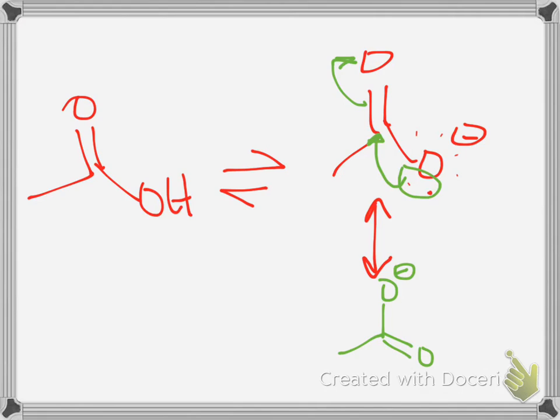And if you think back to GenChem, any time that you have resonance possible, for the most part, we're going to increase the stability. And so since the conjugate base is more stable, it's going to cause the equilibrium to shift towards the formation of the conjugate base.